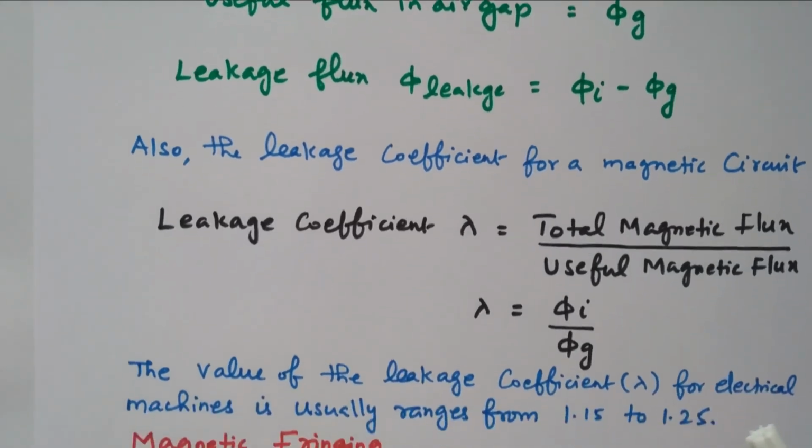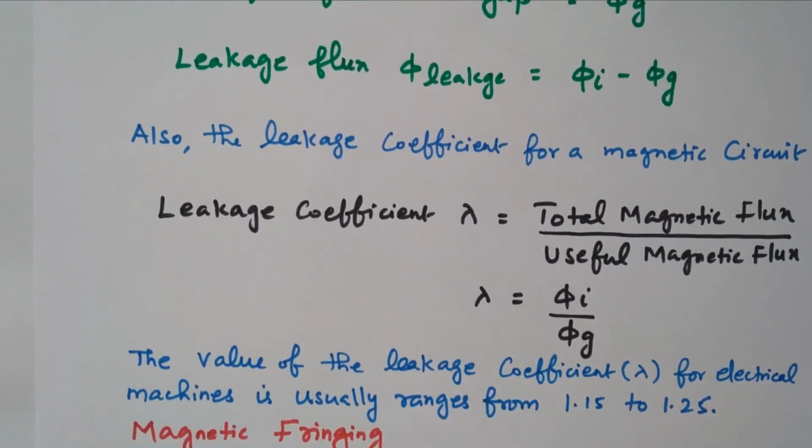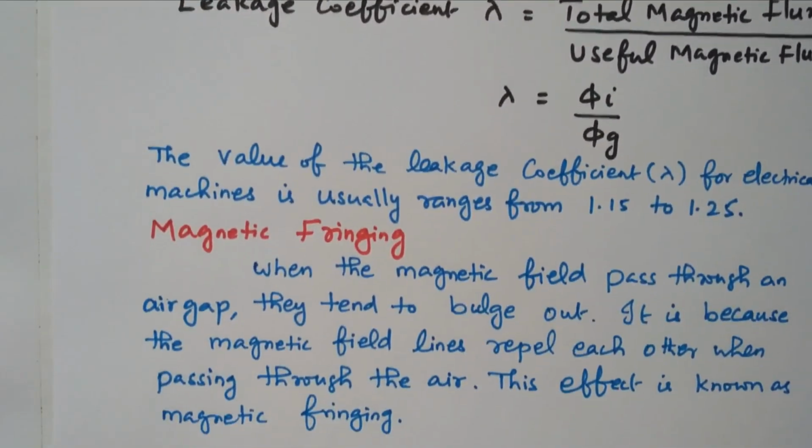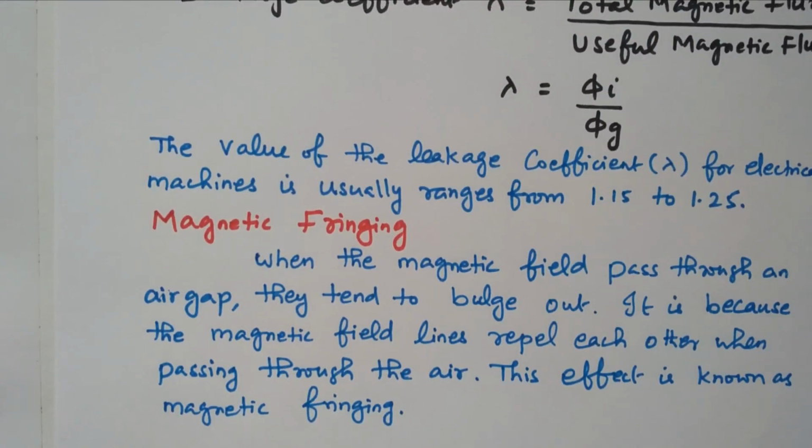We can now identify the term leakage coefficient. The value of this leakage coefficient lambda for electrical machines is usually from 1.15 to 1.25. The value ranges from 1.15 to 1.25. So from that we can identify what magnetic fringing is.